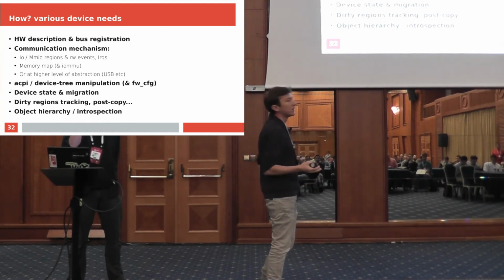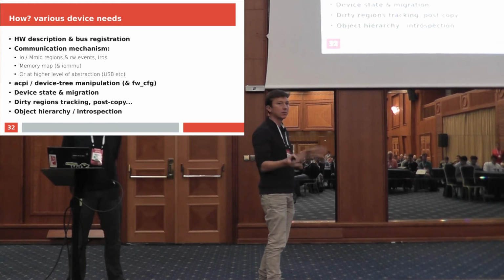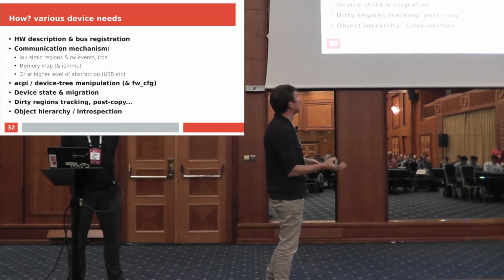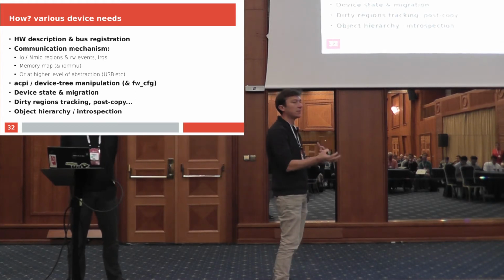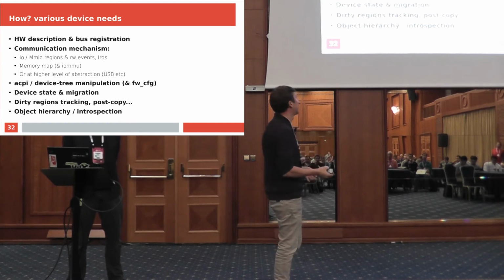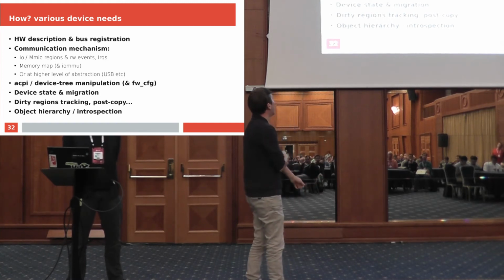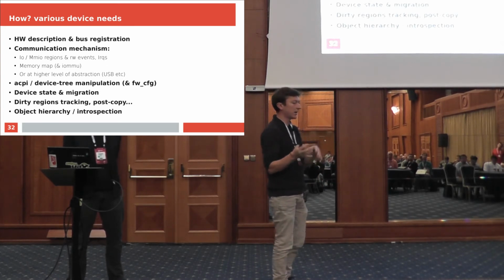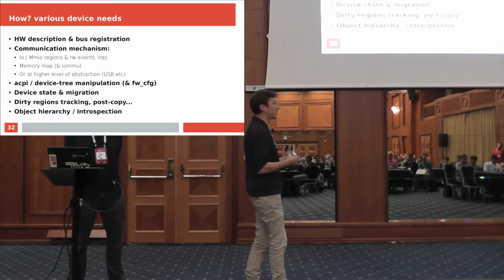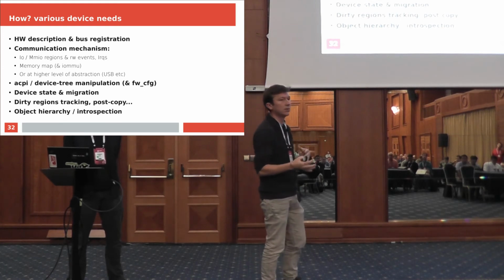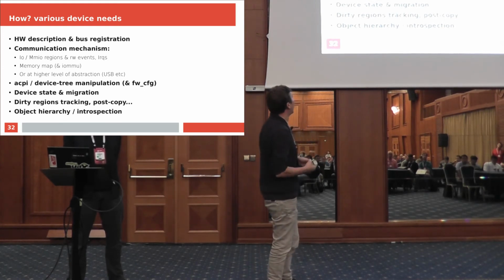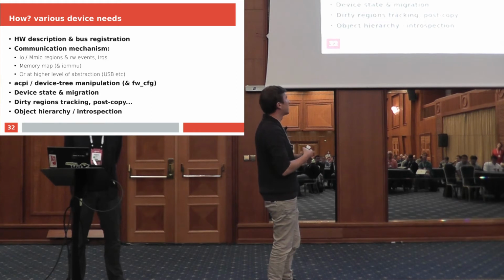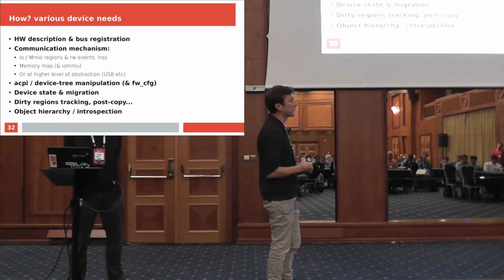In QEMU, we use a mechanism to build this kind of description: firmware config, so devices interact with firmware config to describe themselves. Then in QEMU, we've got a lot of code to handle the device state and the migration. This is something we have to think about if we do the device out of process.